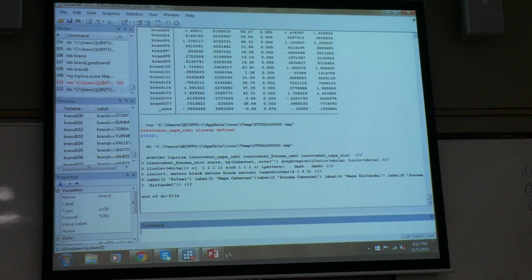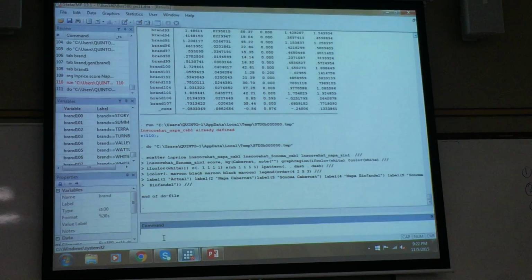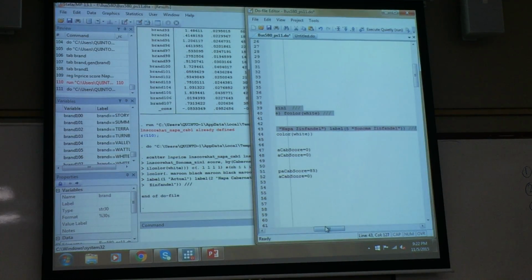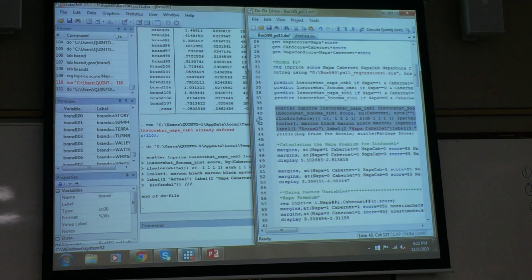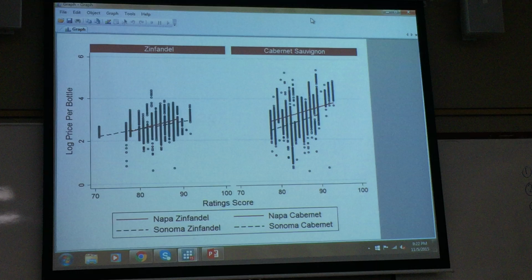No, what happened? Oops. Do that. Ready? Highlight. Just a piece of it. Econometrics is really tough. All right, so there's our model with brand effects.